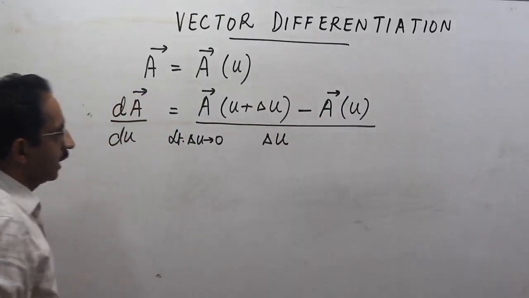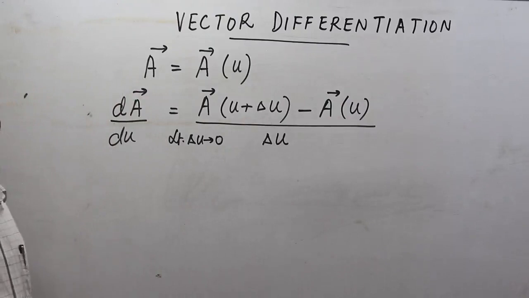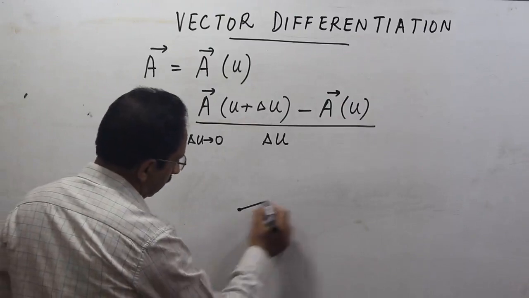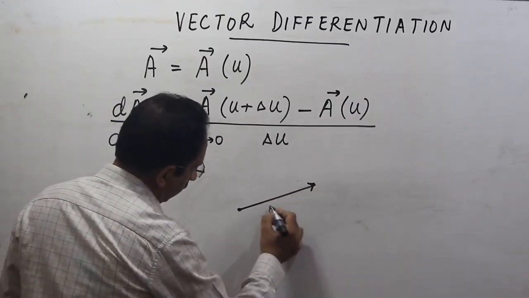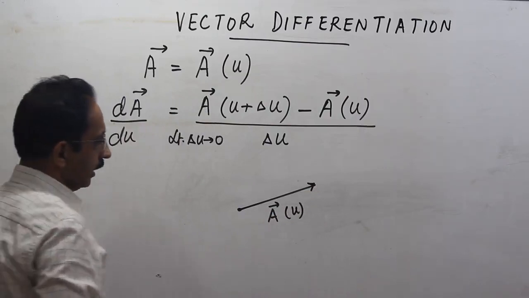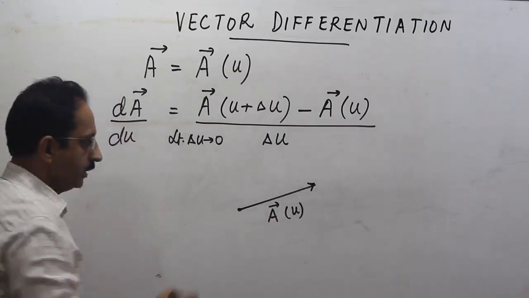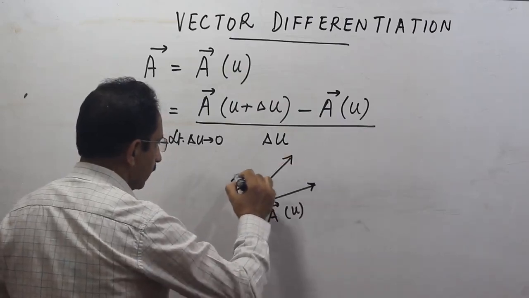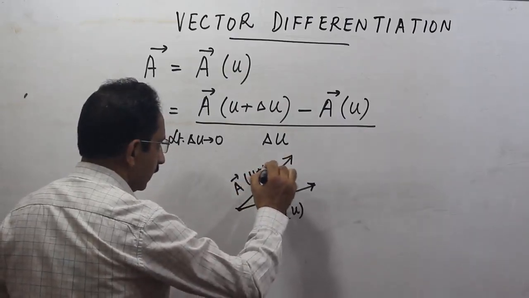Now this ratio, which gives us the change in value of the function divided by the change in the value of the variable, can be seen through a geometrical process like this. If we had a vector A, this was the value of this vector A at some value of the independent variable u, then it became a newer changed value, that is A of u plus delta u.